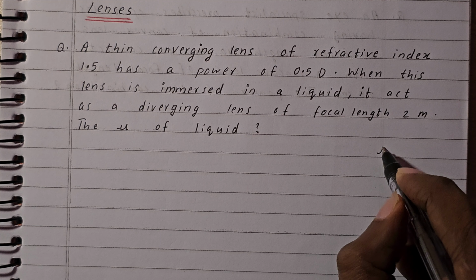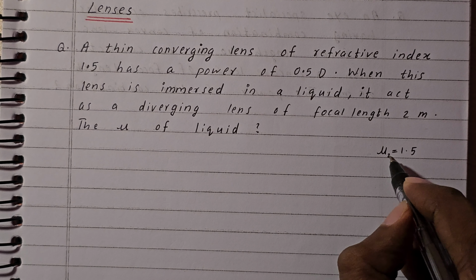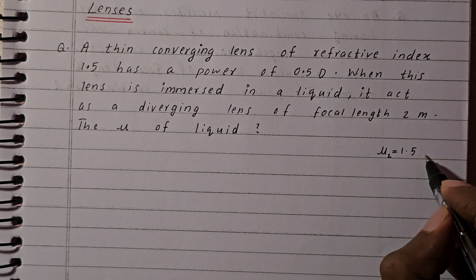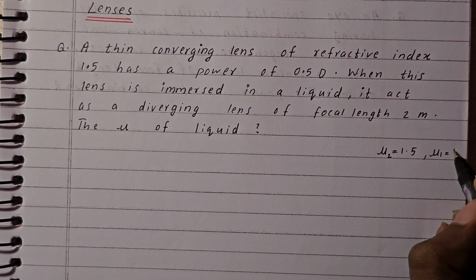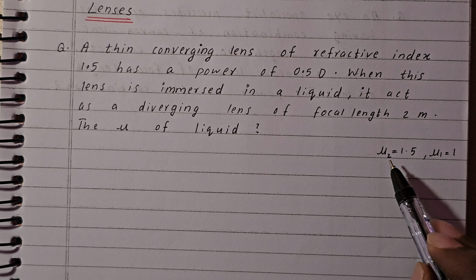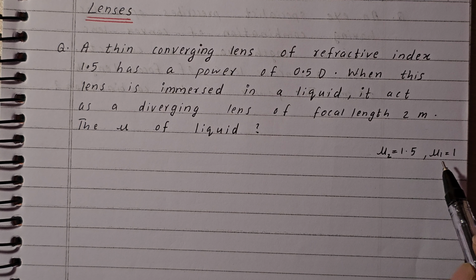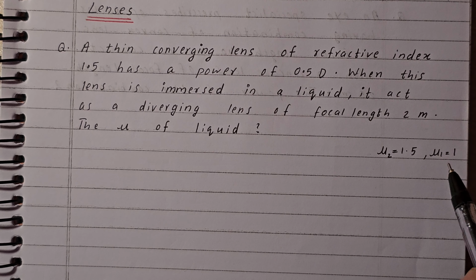Mu is given. Mu is equal to 1.5, that is mu 2. Mu 1 is equal to 1 because in the first case lens and air are in contact. So the refractive index of the lens is 1.5, the refractive index of air is 1.